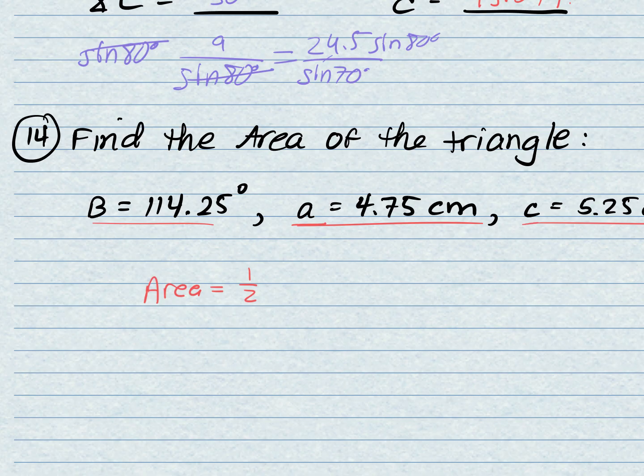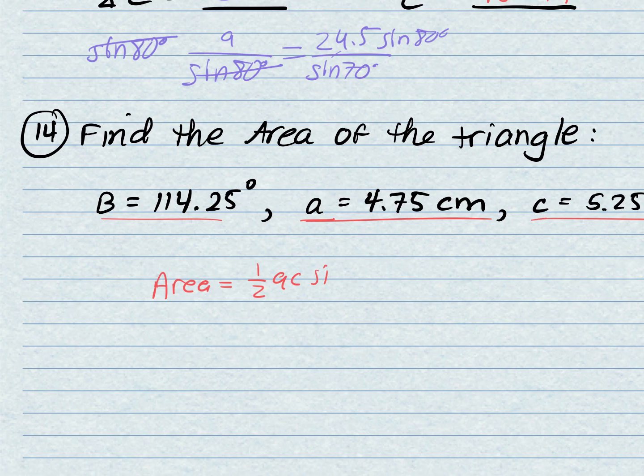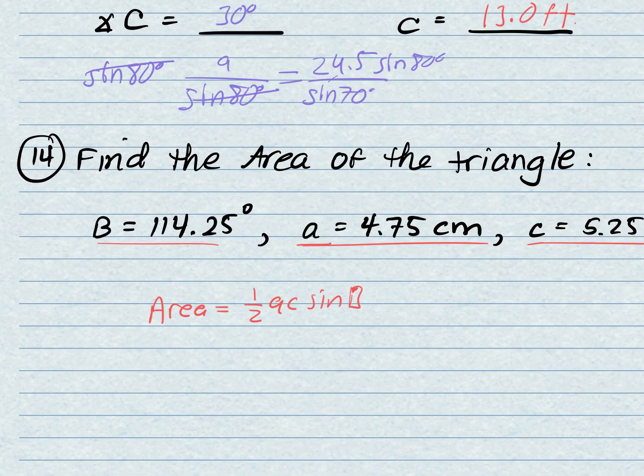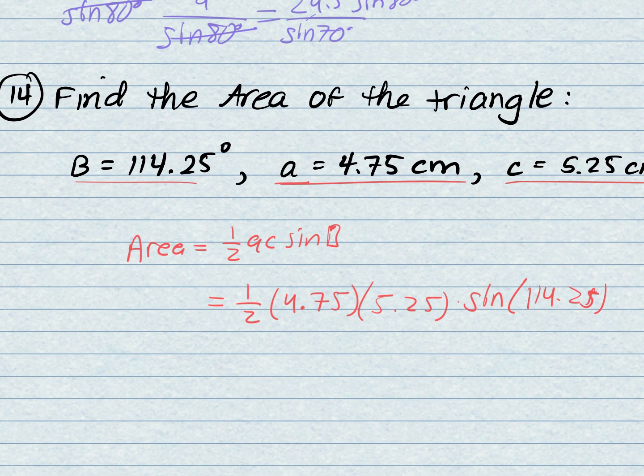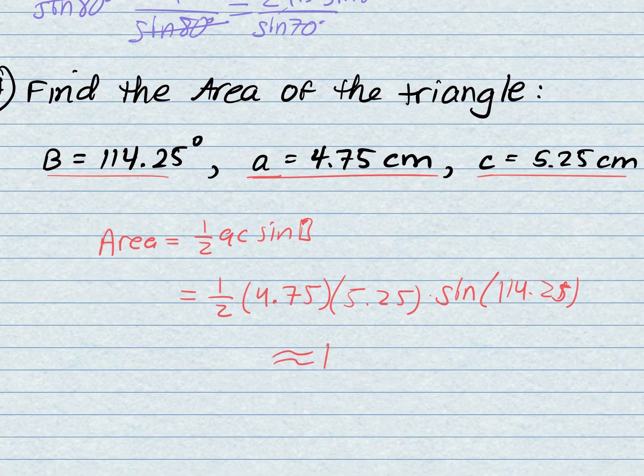In this case, I'm given side A and side C, so 1/2 AC times sine of my included angle B. All right, so it's going to be 1/2 times 4.75 times 5.25 times sine of 114.25. All right, and once you put that in your calculator, let's say to the nearest tenth, you should get 11.4 square centimeters.